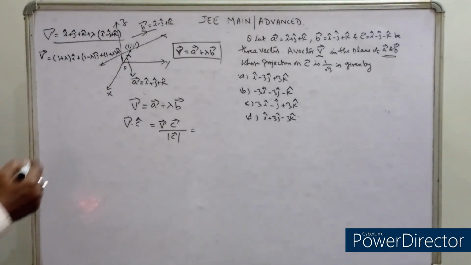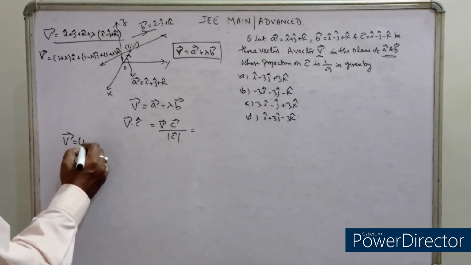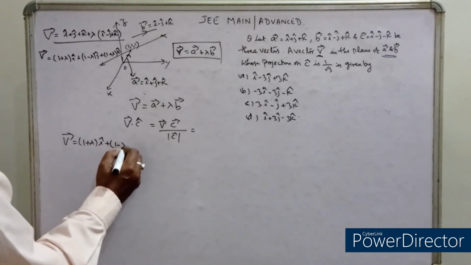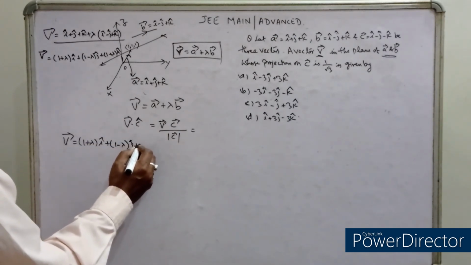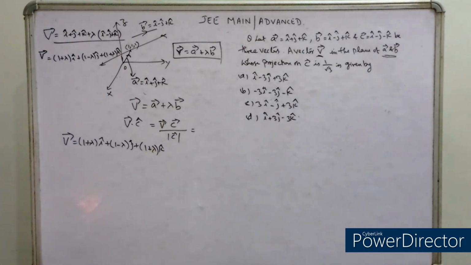When you arrange it, this is your V vector: (1 plus lambda) i cap plus (1 minus lambda) j cap plus (1 plus lambda) k cap.